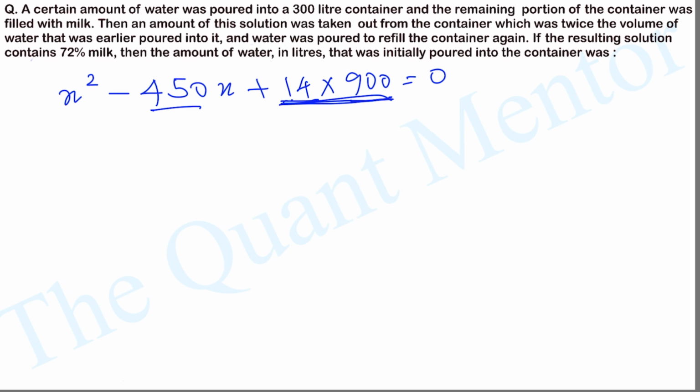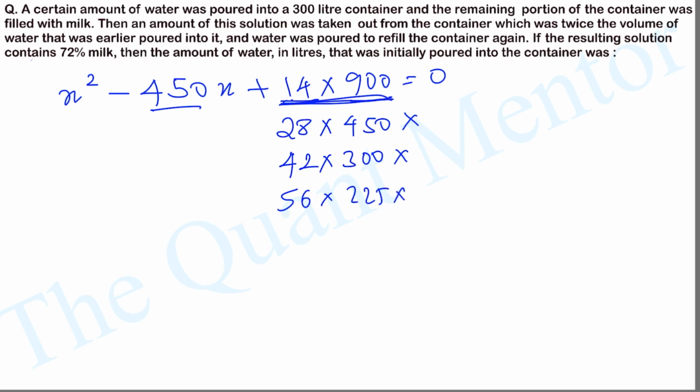So I could try by writing this as 28 into 450. No, the sum is still more than 450. Or we could write 42 into 300. This is 342, not 450. Or we could write 56 into 225. The sum is less than 450 again. If I take a 5, it will be 70 into 180, sum is 250.